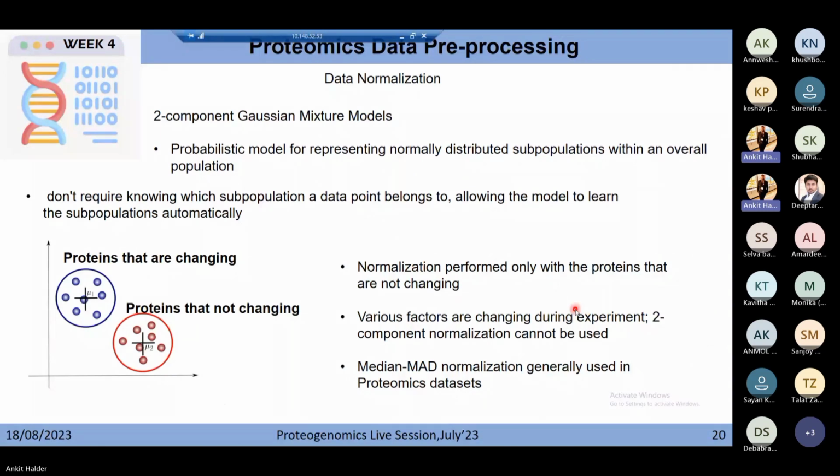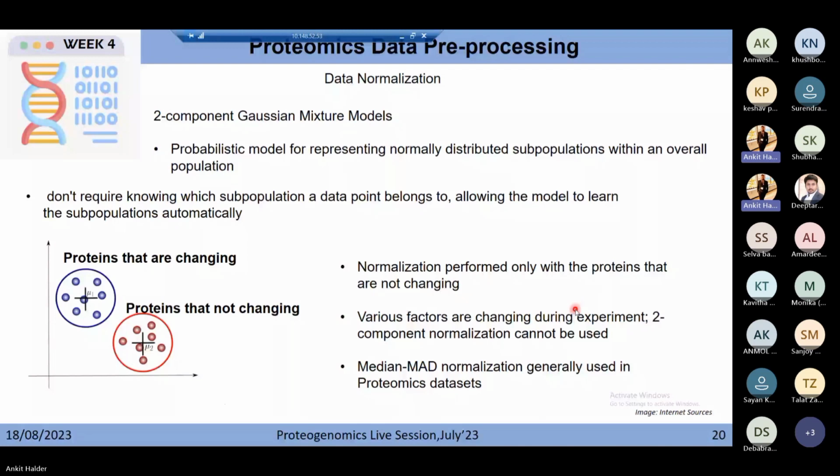So generally what we follow for any proteomics data set is median normalization followed by MAD scaling, known as median MAD scaling or median MAD normalization.